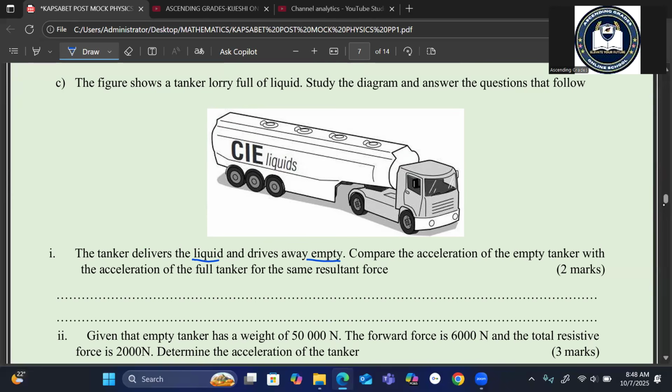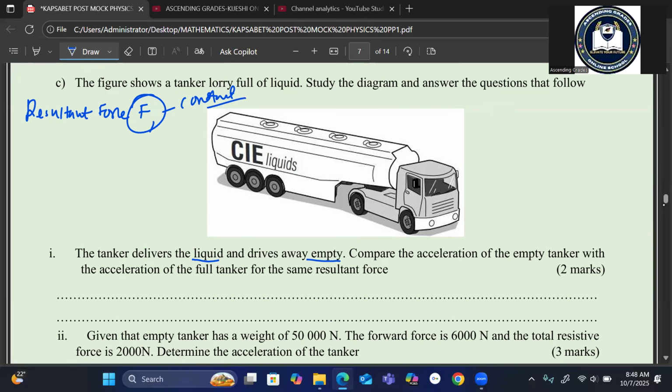Remember, the resultant force F, we hold this one to be constant for when empty and when full of a liquid.